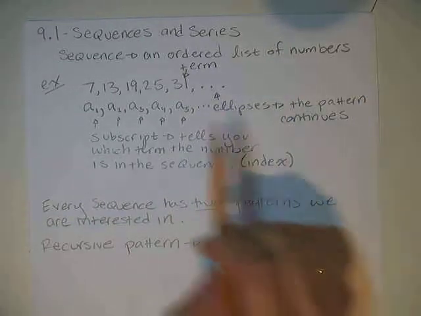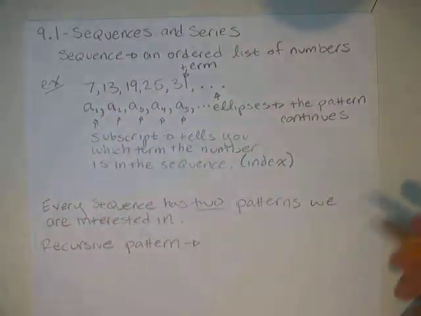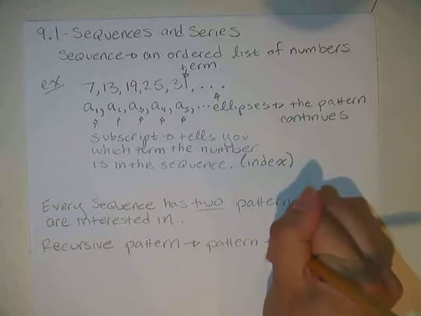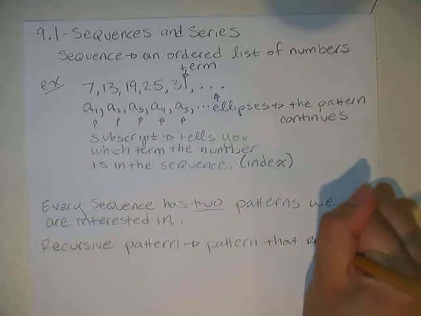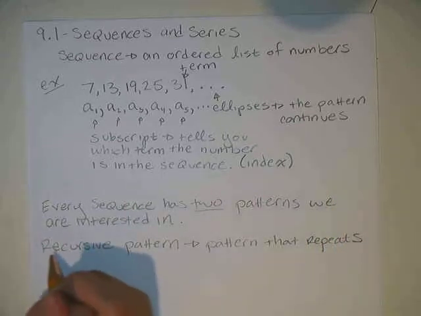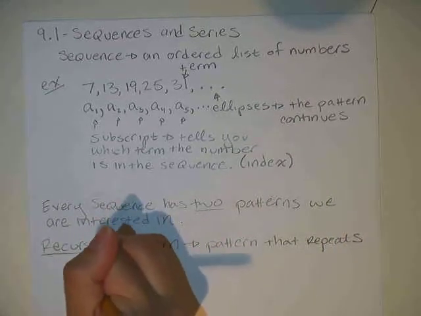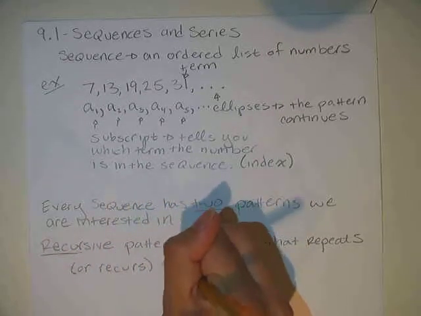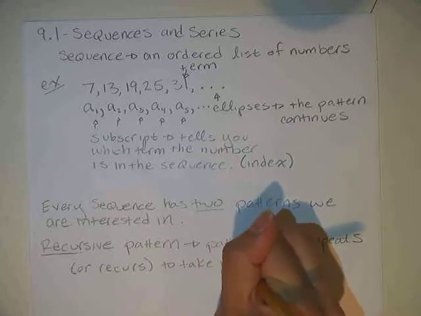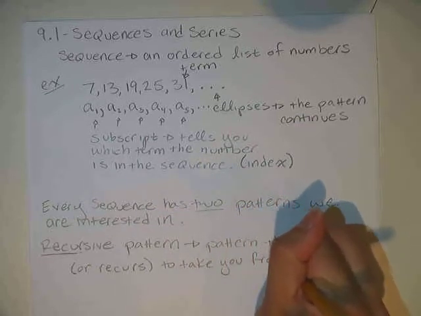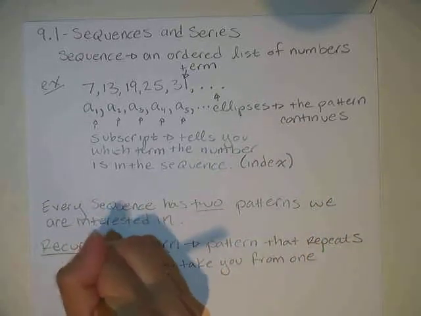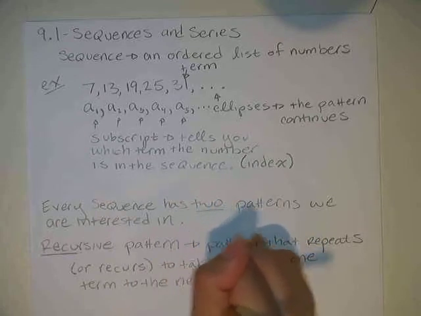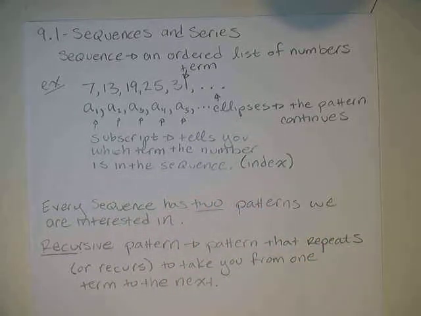Okay, every sequence has two patterns that we're interested in. What we saw before of adding 6 is called the recursive pattern. So that is the pattern that repeats, or recurs, to take you from one term to the next.